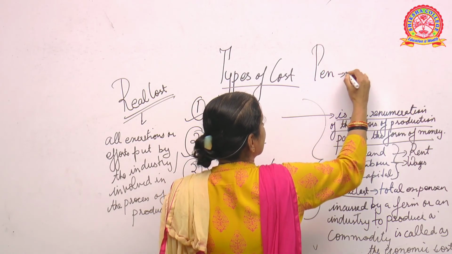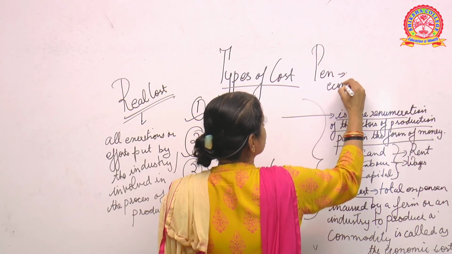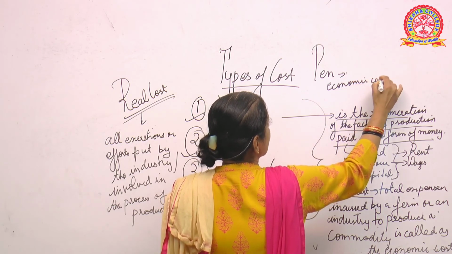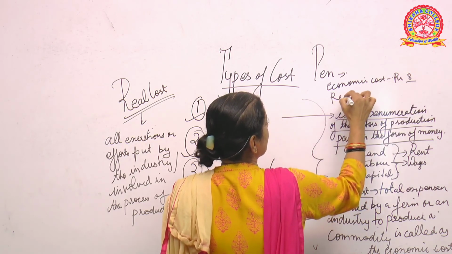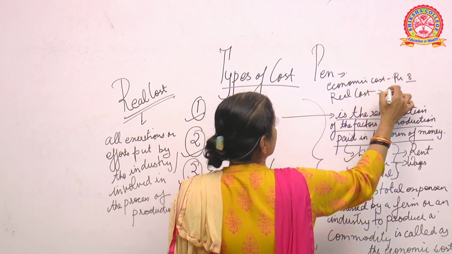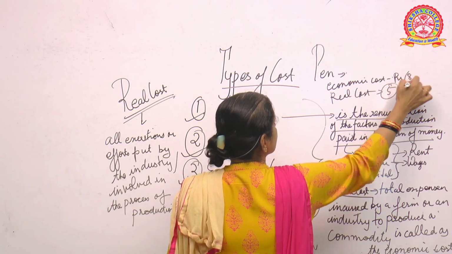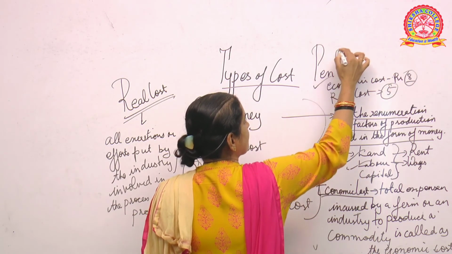My economic cost may be rupees 8, but my real cost will be rupees 5 for manufacturing one pen.